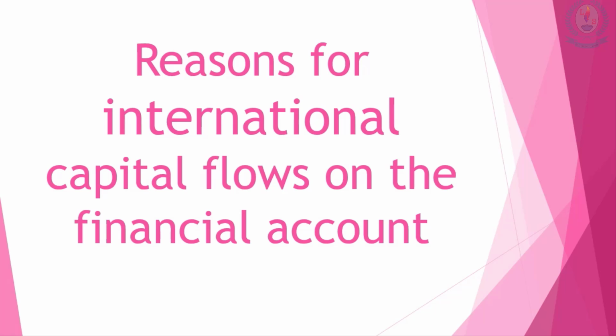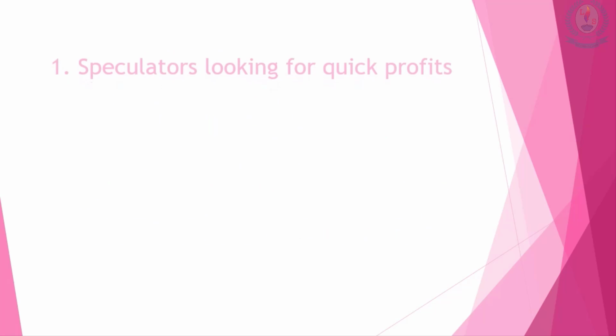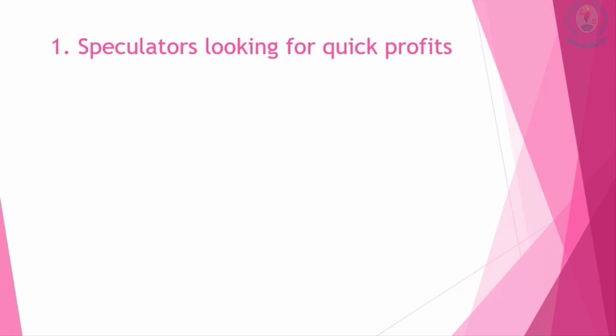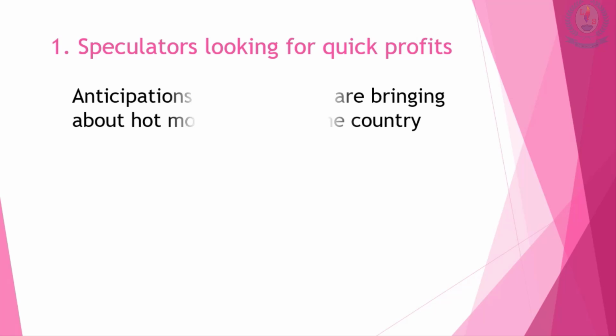Let us now look at the reasons for international capital flows on the financial account of the balance of payment. The first reason is speculators looking for quick profits. We know speculators are people who buy and sell currencies with the aim of making a profit at profitable times when the exchange rate increases.